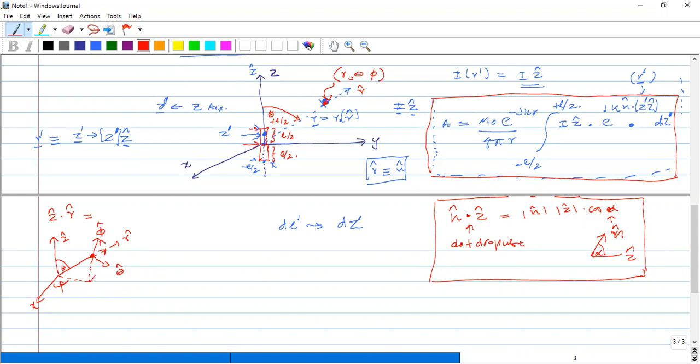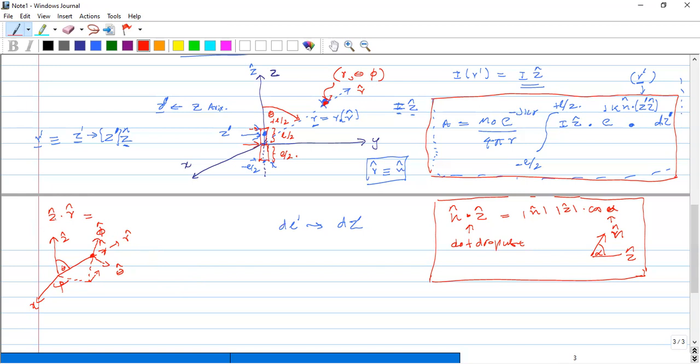It is in this direction, into the paper. We have learned that we can use the right hand rule to get the direction of these vectors.